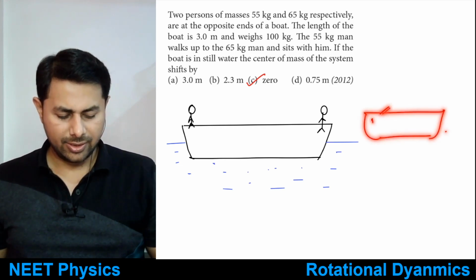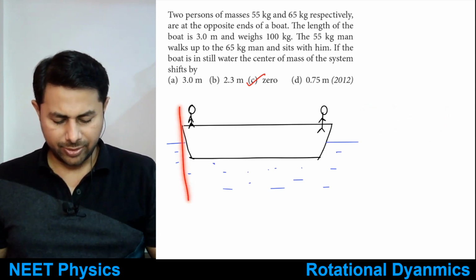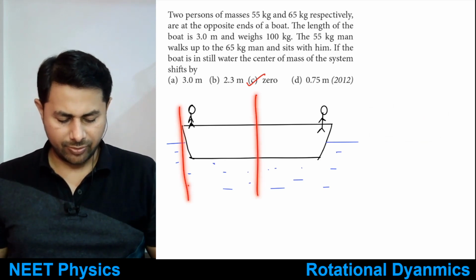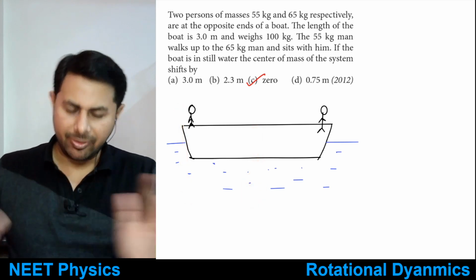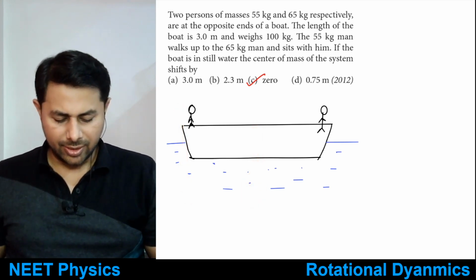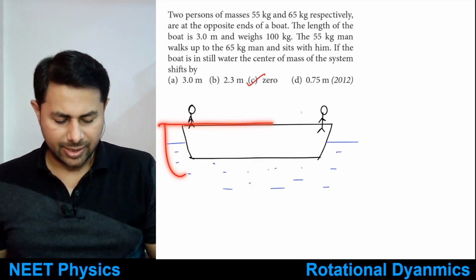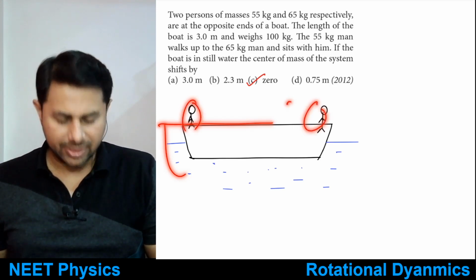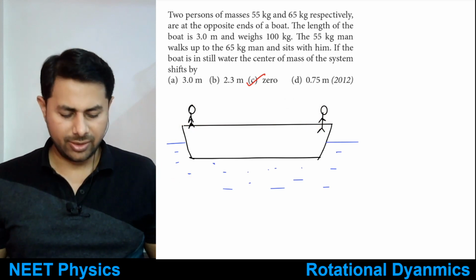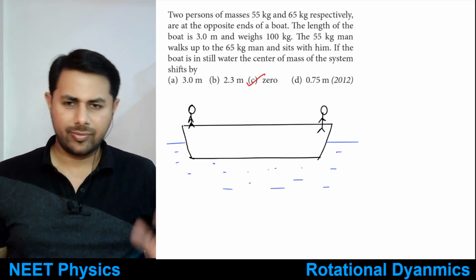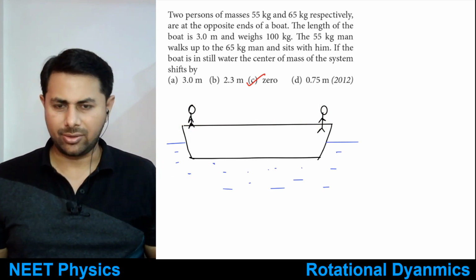So earlier, suppose the boat was at position 0, it will shift a little bit backwards. The boat shifts in this direction, and the weight of the persons shifts towards the right, and it happens in such a way that the change in position of the center of mass would be 0.